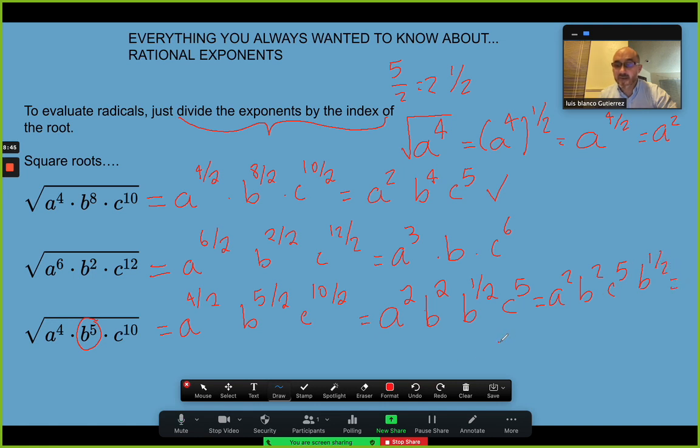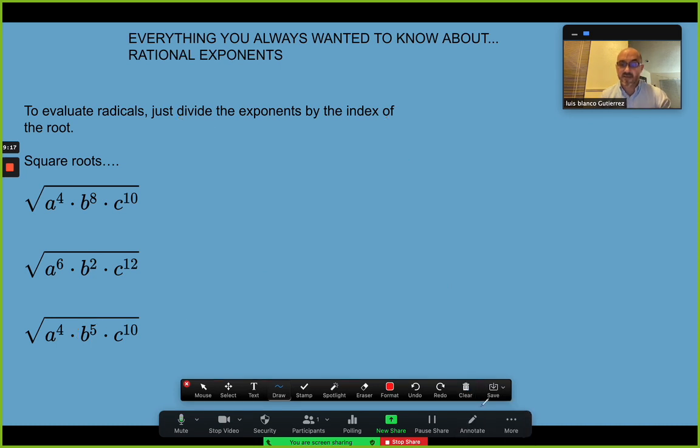So a to the second, b to the second, c to the power of 5, but we know that b to the power of 1/2 is just the square root of b. And now I got the answer. So I try to move everything that I can out of the radical, and if I have remainders when I do the divisions with the fractions, they get inside. This is easy to understand if we're looking at more examples.